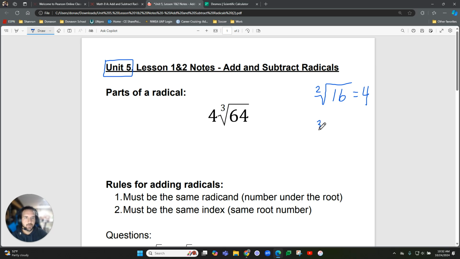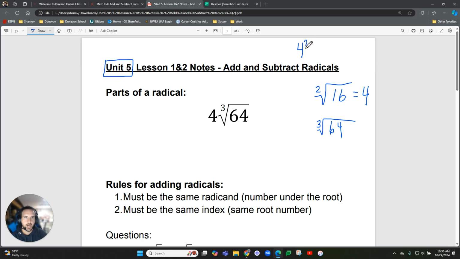A cube root would be with a 3. It's also known as a third root. You could also call this a second root here as well. If we did the third root, in this case it's the third root of 64. A square root is: what number, when multiplied by itself, gives us the number underneath the square root. It's also the opposite of a square.